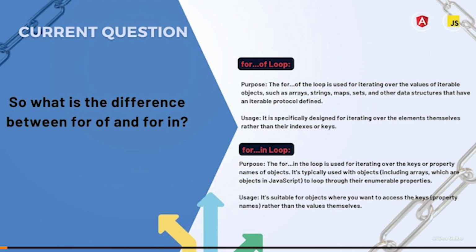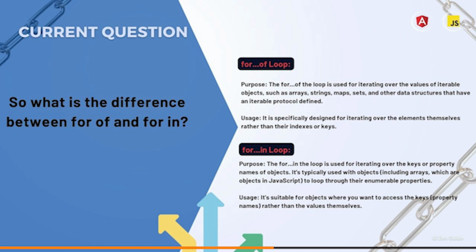So what is the difference between for of and for in? The difference is the iterable of both. If we say for in, it would iterate over the index of the object, like the key of the object, each key of the object. If we have an array, the index of the array.